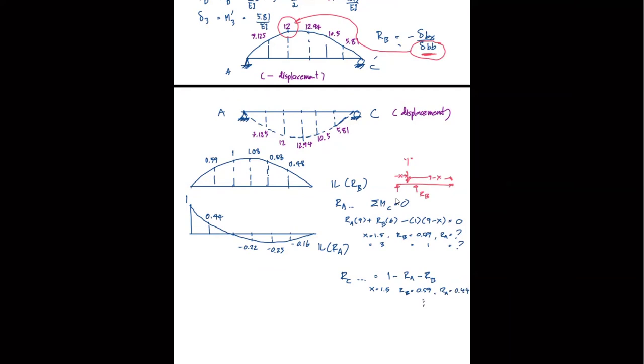And so on and so forth. So you're going to get RC that looks like this. At A, RC has to be 0 because the force is at A, and at B as well. So you will guess RC will look like this.